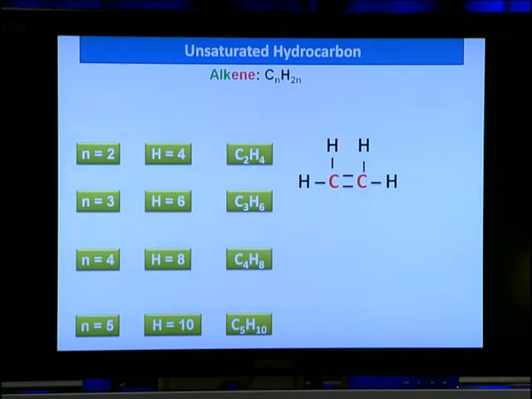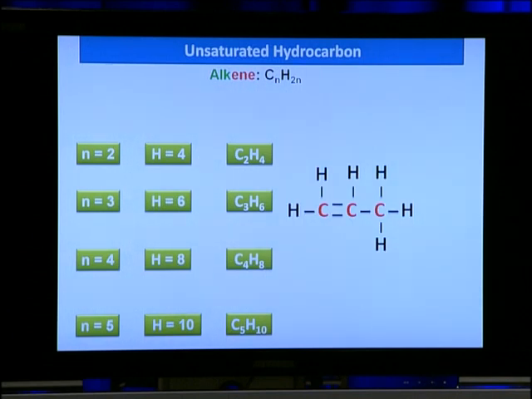If you try to draw the structure of any one of these compounds of the alkene family, you will always find at least one double bond between two carbon atoms. This is the structure for C2H4, where you find a double bond between two carbon atoms, and the rest of the valence of the carbon is satisfied by bonding with hydrogen.